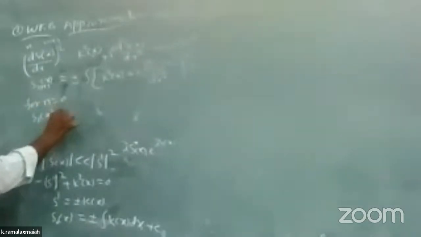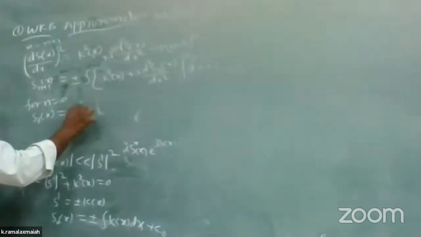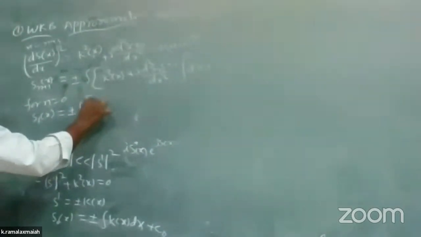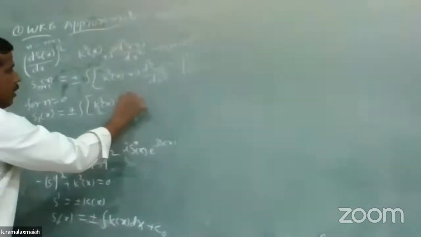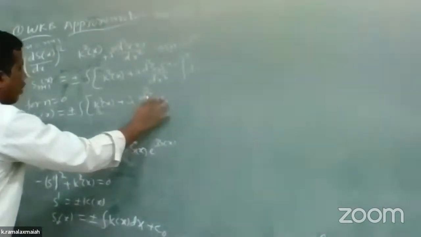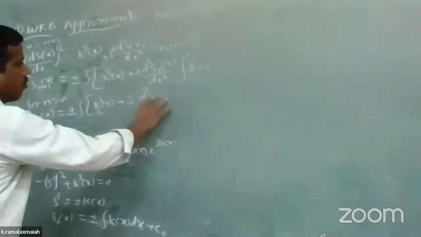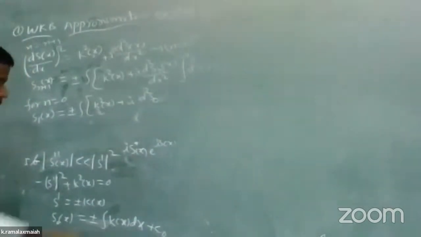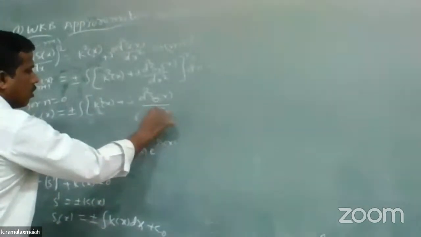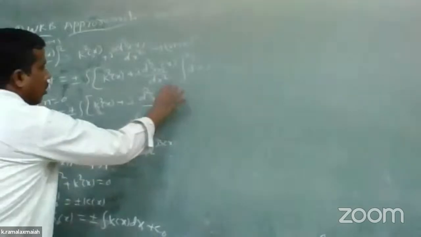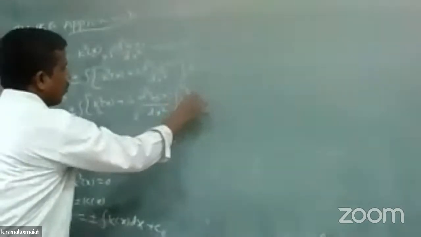So S_1 of x is equal to plus or minus the square root of k square of x plus i d square S_n. So here also n is equal to 0, S of 0 of x by dx square equal to 1 by 2 dx plus c naught.